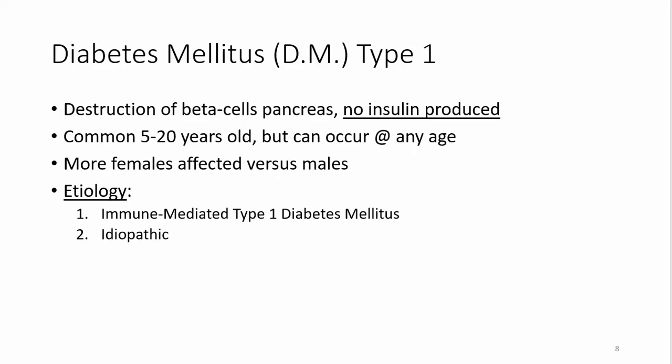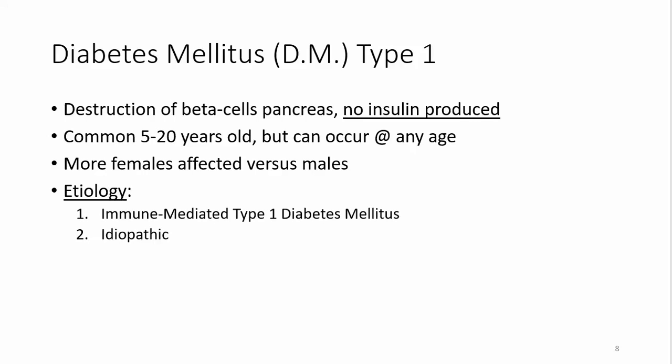Okay, so type 1 diabetes is the one that happens in kids and young people, but it can occur at any age, more commonly in younger people and more commonly in women. And really what it is, is that the beta cells that make insulin get destroyed, so no insulin is produced at all. A lot of people with type 1 diabetes actually have an autoimmune attack on the beta cells.